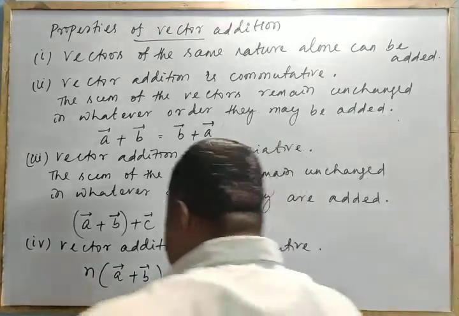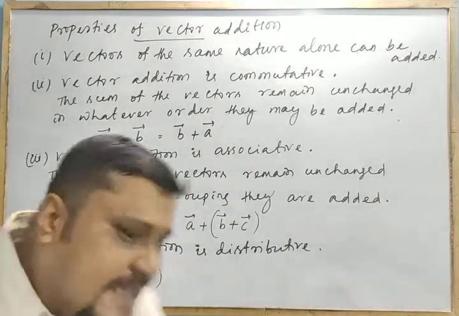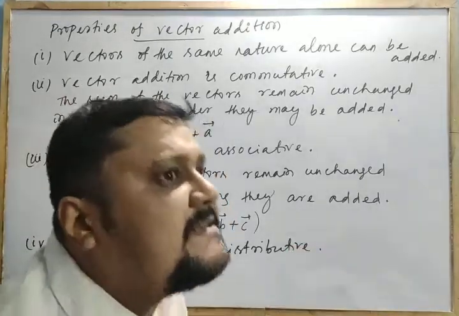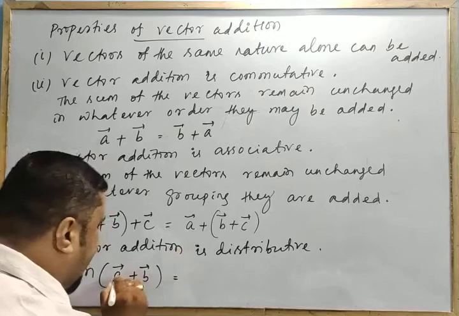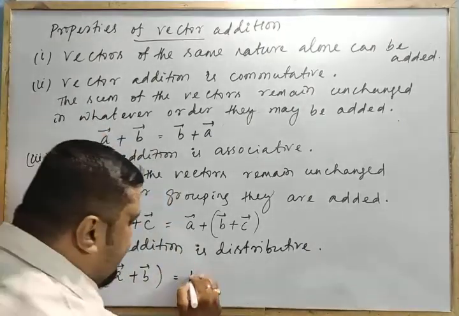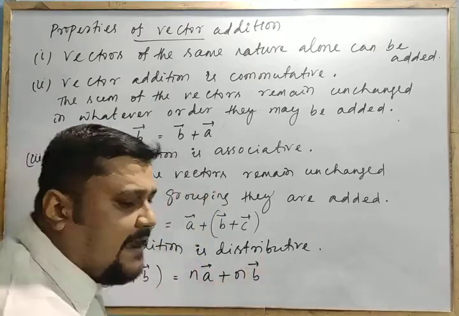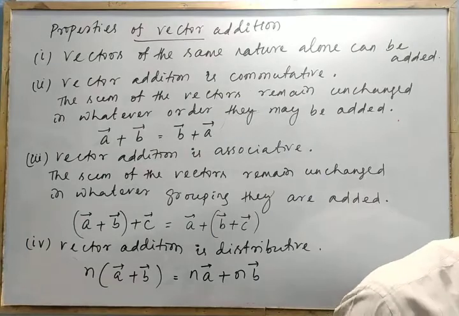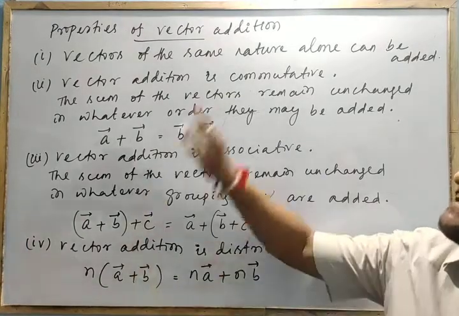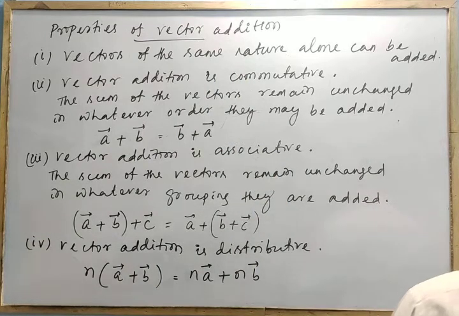It is distributive means this n is distributed to each vector. A takes n, B also takes n, so it is written as nA plus nB. Is that clear? So these are called the properties of vector addition.